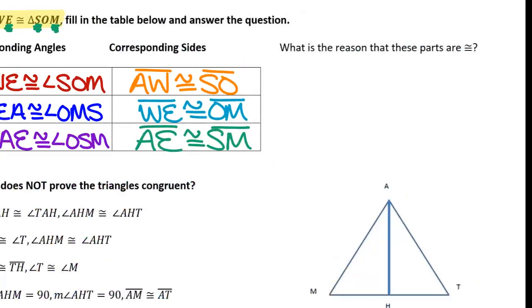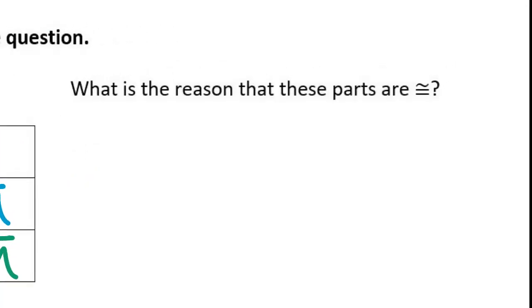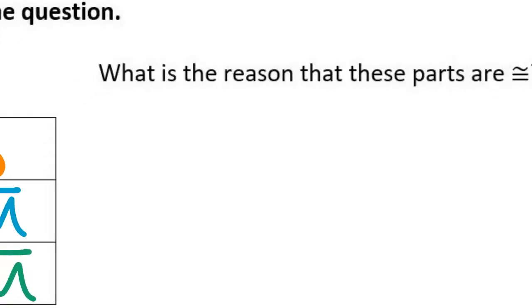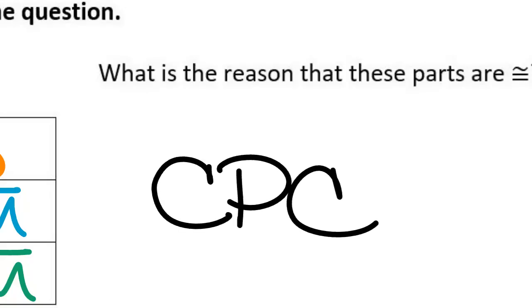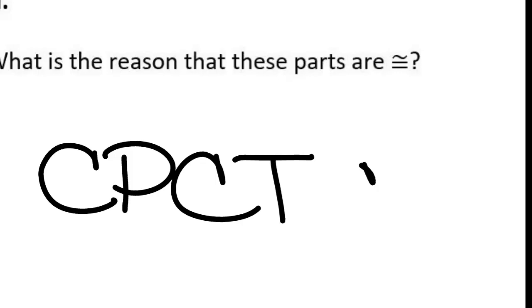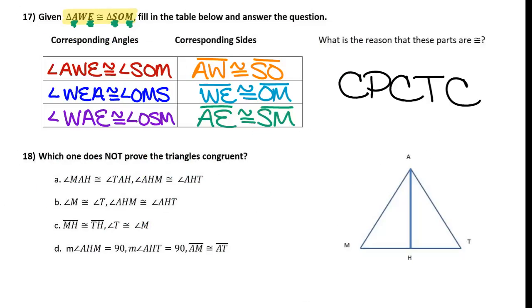And then it says, what is the reason that these parts are congruent? What type of parts are they? What did I keep calling them? Starts with a C. Corresponding parts. So why are these congruent? Yes, corresponding parts of congruent triangles are congruent. CPCTC.